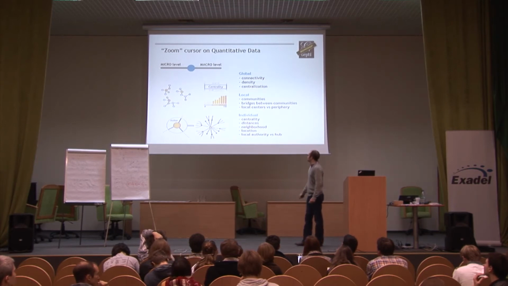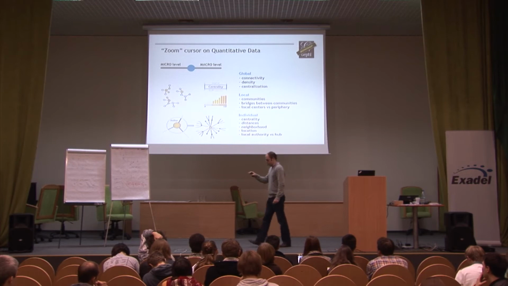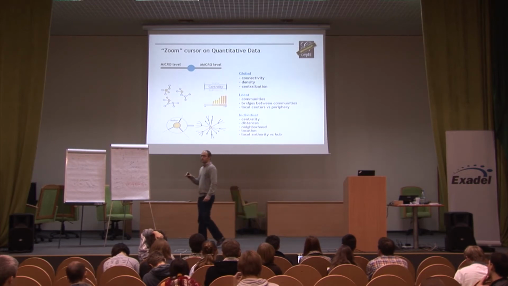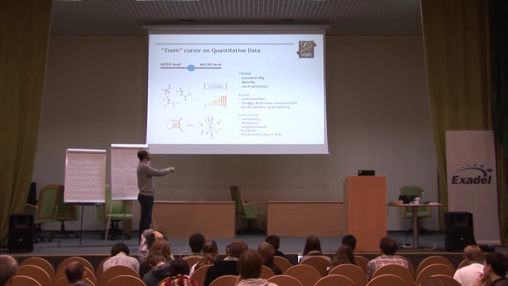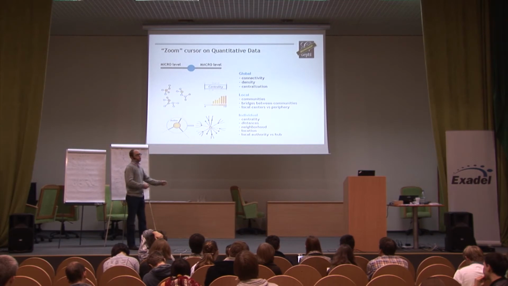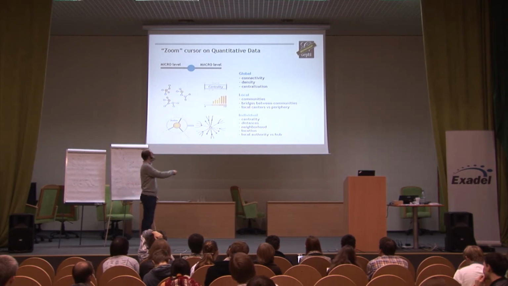At the local level, we focus on the organization of groups, of communities. You may want to find bridges between communities. Who makes the link between the groups? If there exist centers and periphery in your data, something that is not obvious.